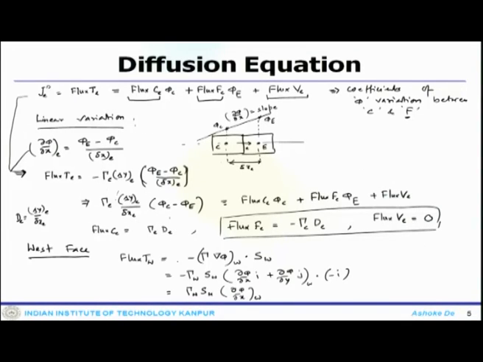Once we get the discretized system, we assumed a linear variation for phi between points C and E or W. Once we have done the linear variation, that slope will give the profile. From there we have calculated each of these coefficients for the total flux definition with the linear variation.